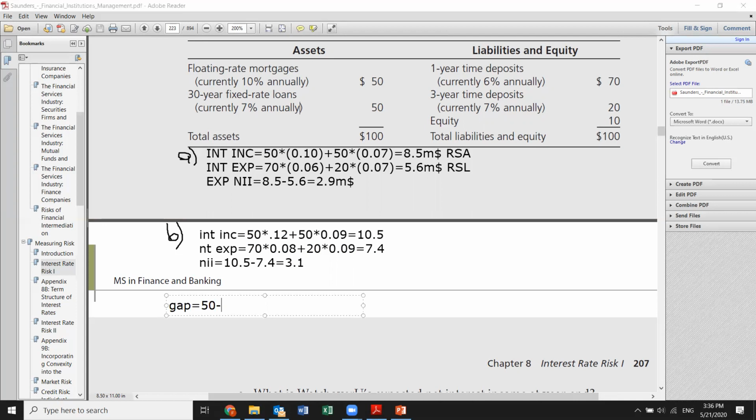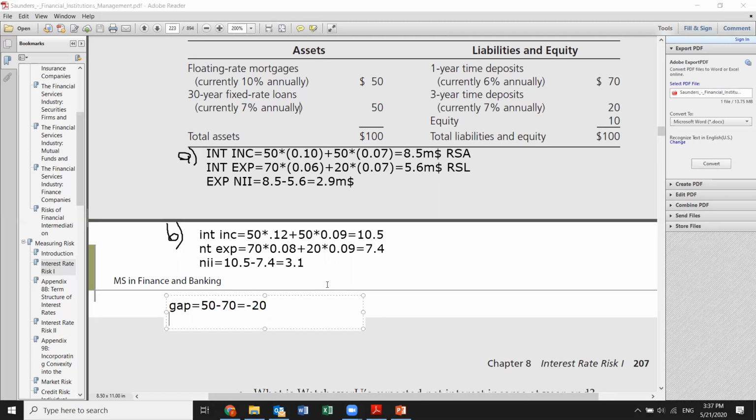It should be up to 1 year. Okay, up to 1 year, 70. Which is minus 20. And minus 20. Increase in interest rate.